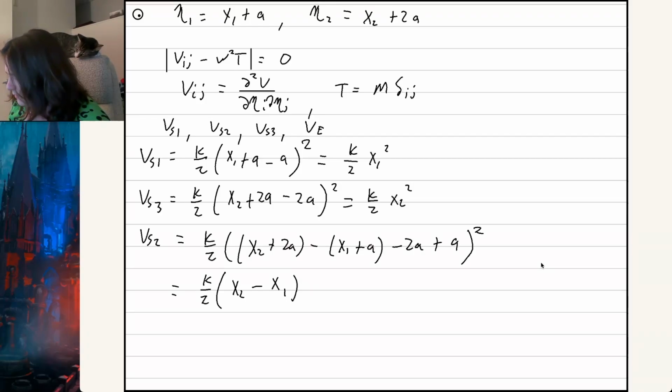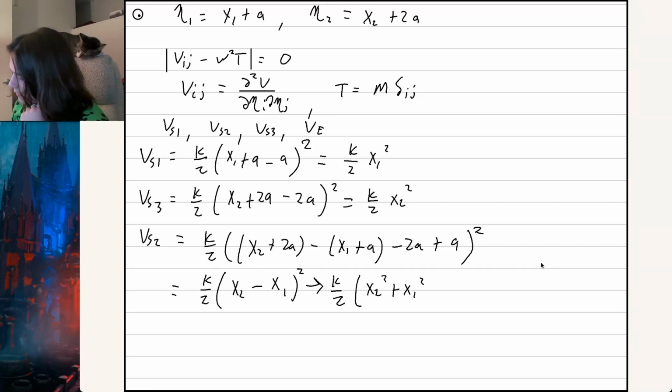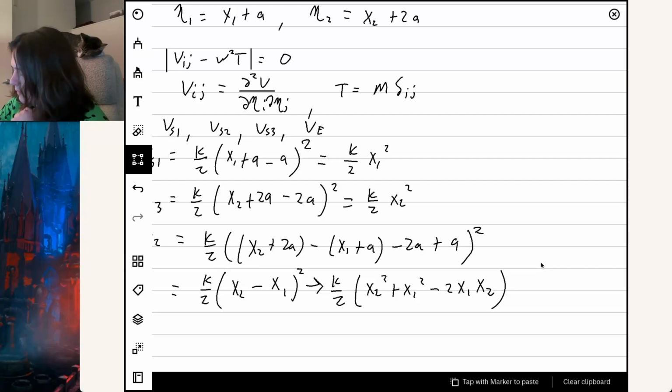Not as simple as the last bit we did, but we can go ahead and expand that just by squaring this stuff inside the parentheses. And now this is important.